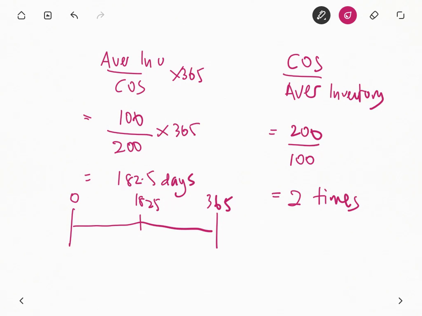Can you link these two? 182.5 days, one turnover. Then I buy and I hold it for another 182.5 days, another turnover. So 1 year has got 2 turnovers. How long is it? 182.5.